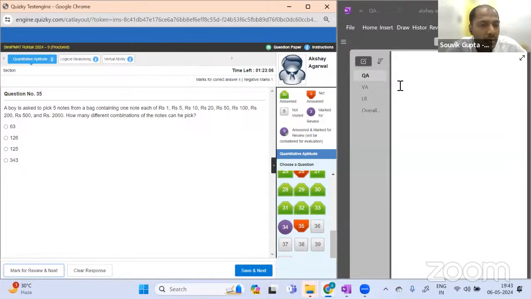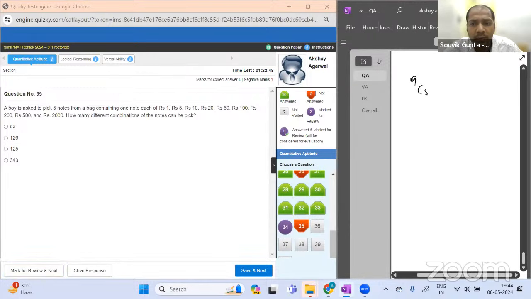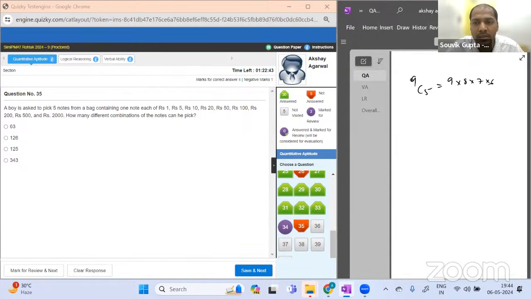How many different combinations can he pick? 5 notes of these 9. 9 C5, which is 9 C4, that is 9, 8, 7, 6 over 1, 2, 3, 4. 4 goes twice, 18 into 14 into 9, 126.